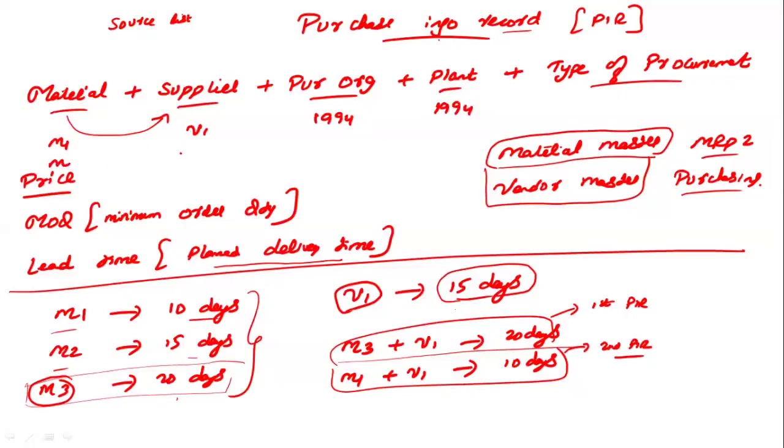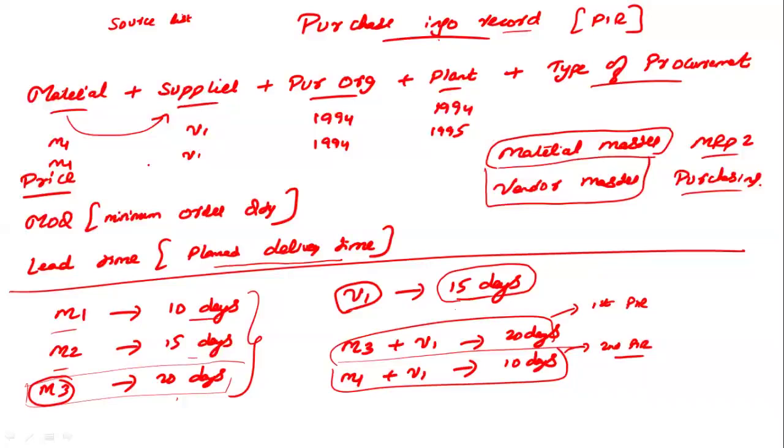Same material, same vendor, same purchase org, but a different plant, then you will have one more entry. So when your combination changes, you will have a different set of PIRs. So for one material, you can have multiple PIRs based on the combination you have here.